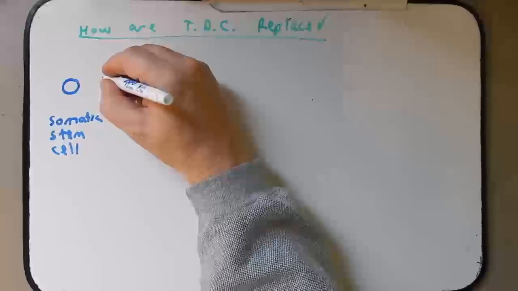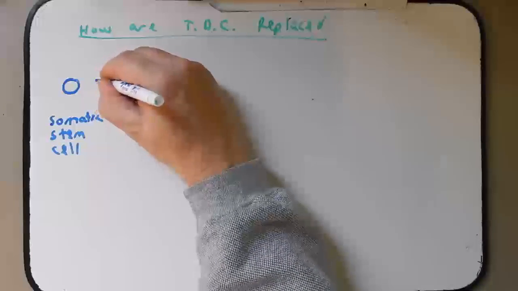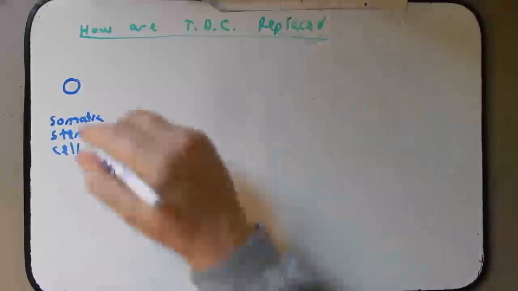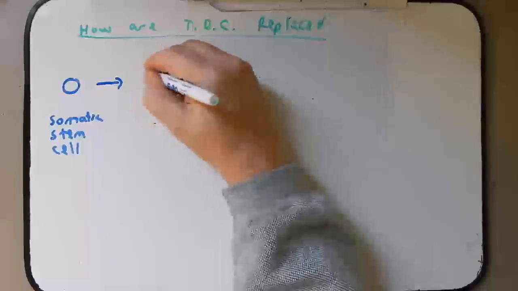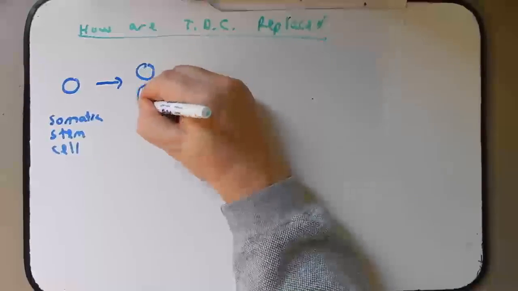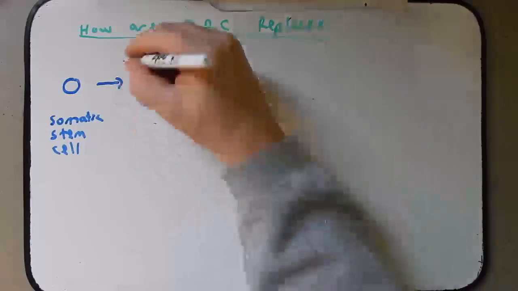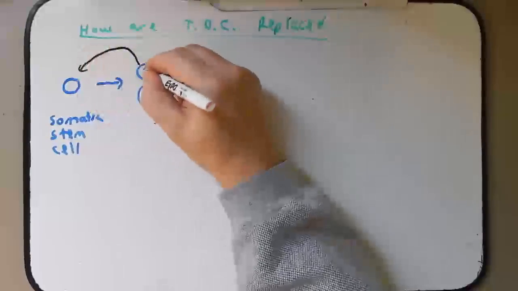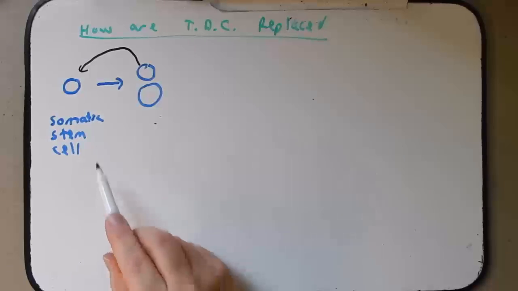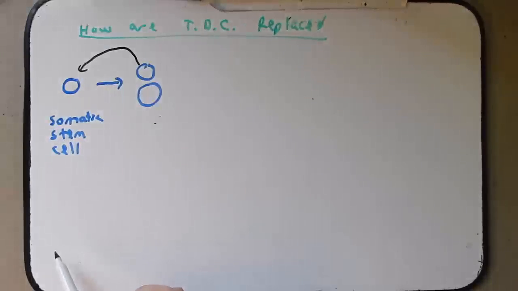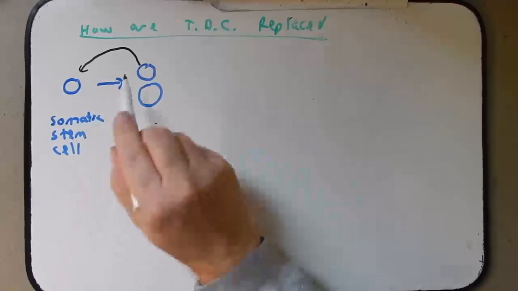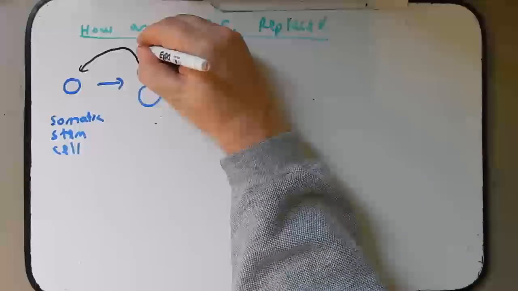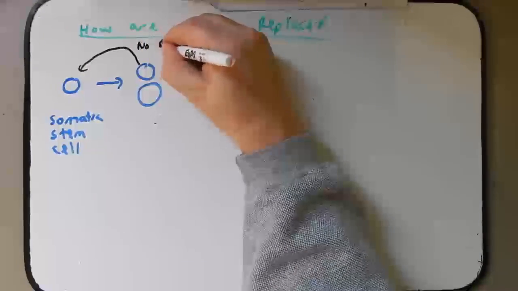This stem cell, when it divides, can do one of a few options. It can continue to be a stem cell and replenish the population of these somatic stem cells, so it does not differentiate. So I'm going to write no differentiation.